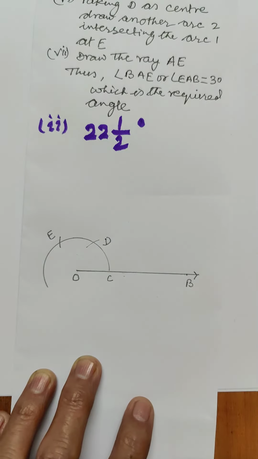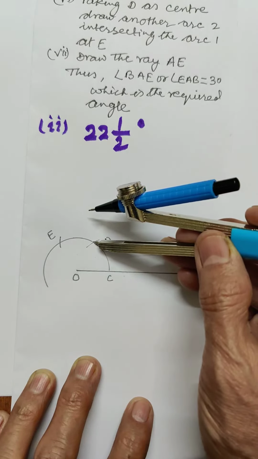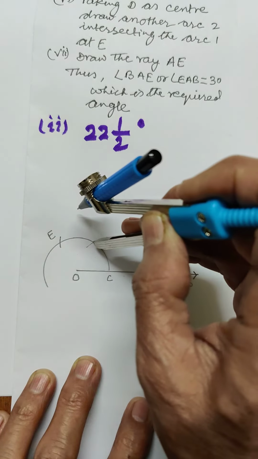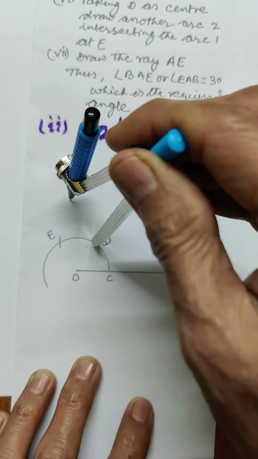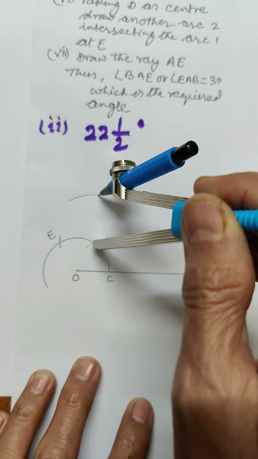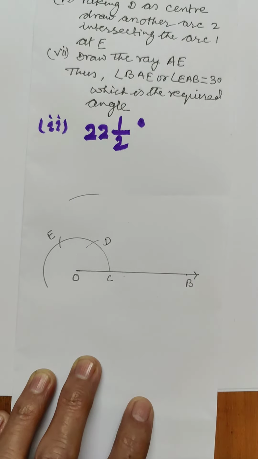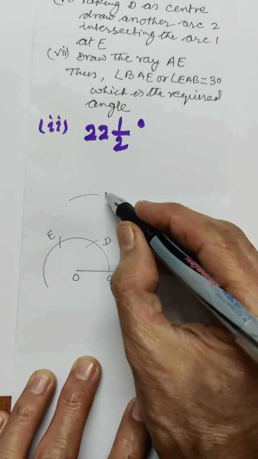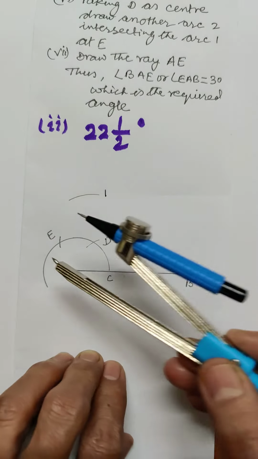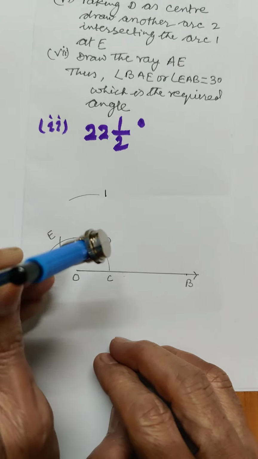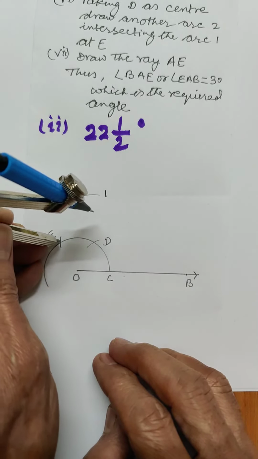Now taking D and E as a center and a distance more than half of DE, we draw an arc, say it is 1. With the same radius, taking E as a center, we draw another arc intersecting the arc number 1.